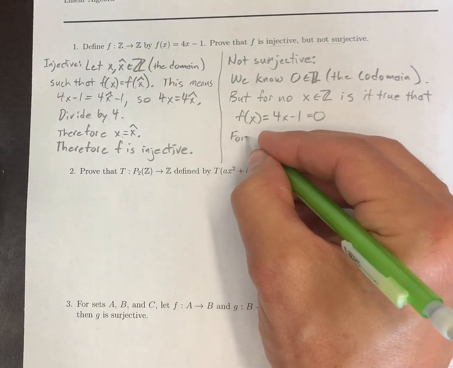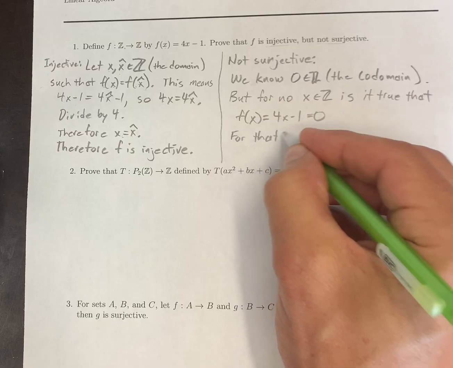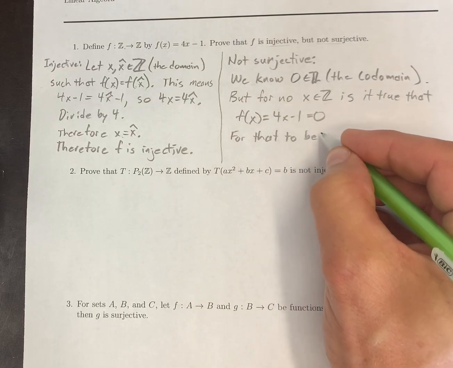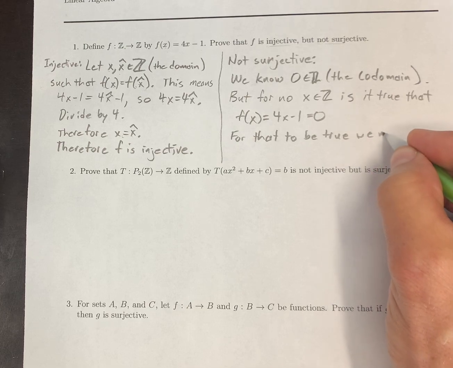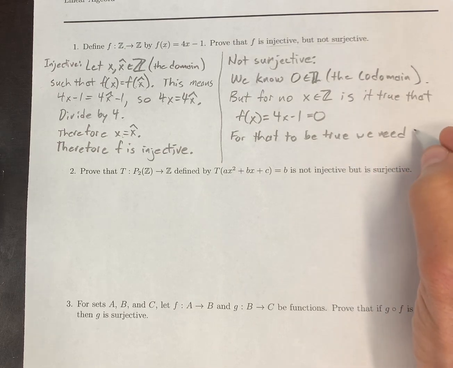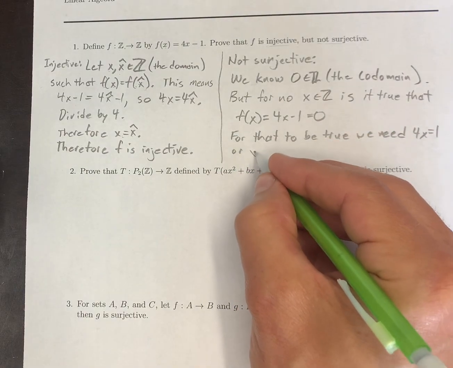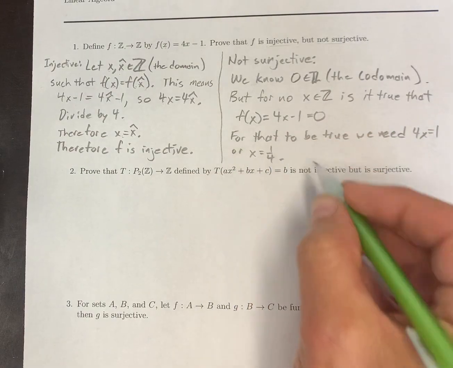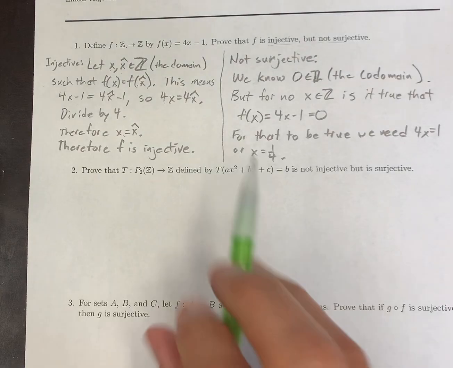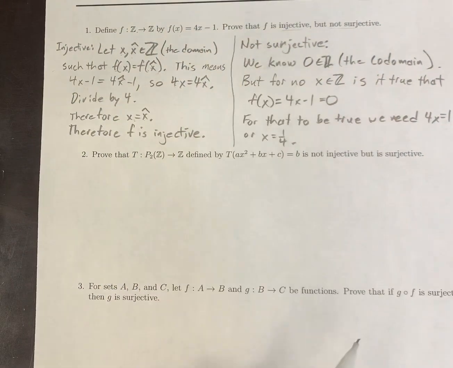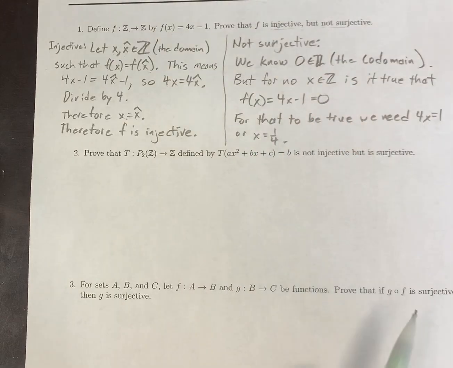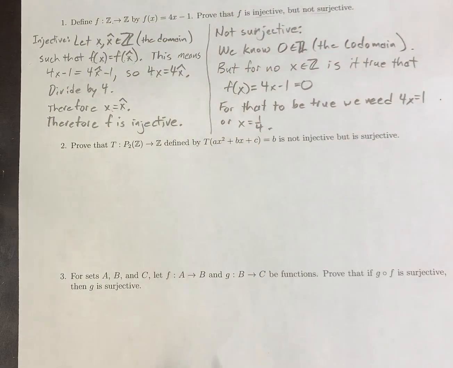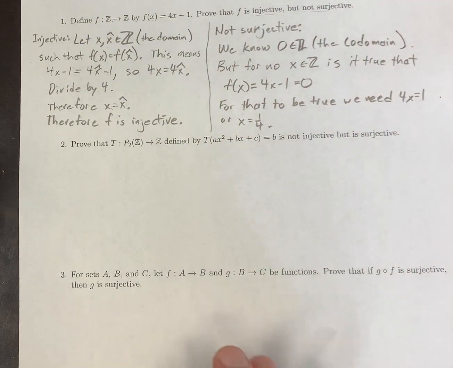For that to be true, we need 4x equal to 1 or x equal to 1/4. And that's not an integer, right? So it is injective, it is not surjective. It is one-to-one, it is not onto. Unfortunately, some people use different terminology, so you're probably best served knowing both.